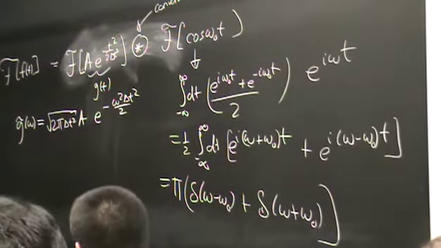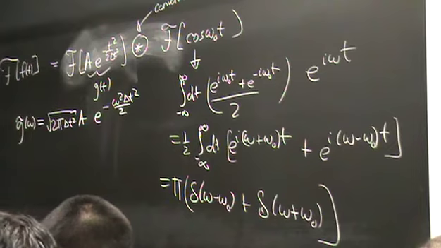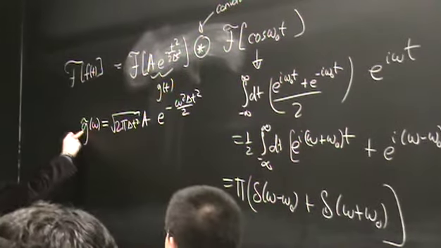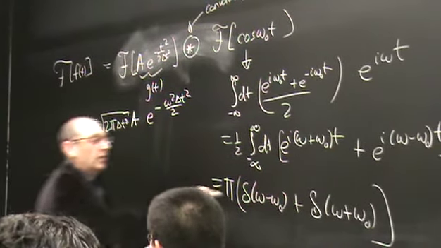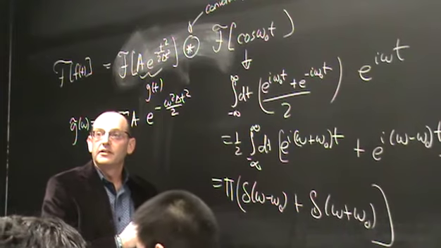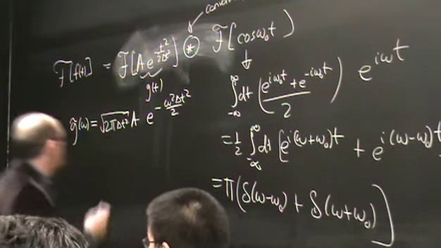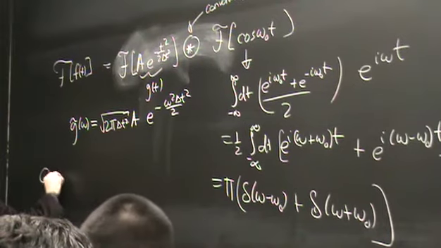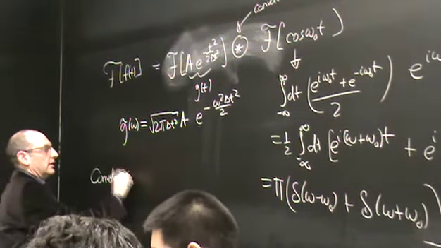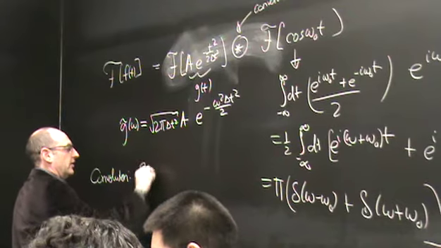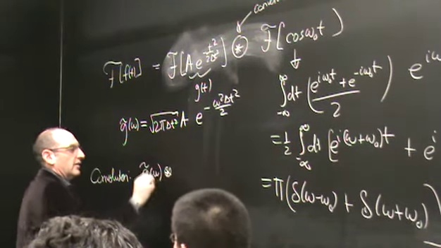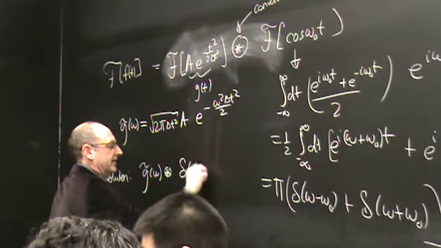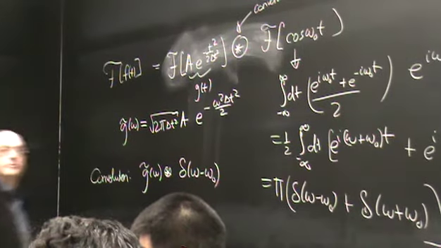Okay? What about the convolution? So now we have to take the convolution of this function with the delta functions, right? So let's do a little aside. What is the convolution of g tilde with the delta function, say, centered at omega naught?